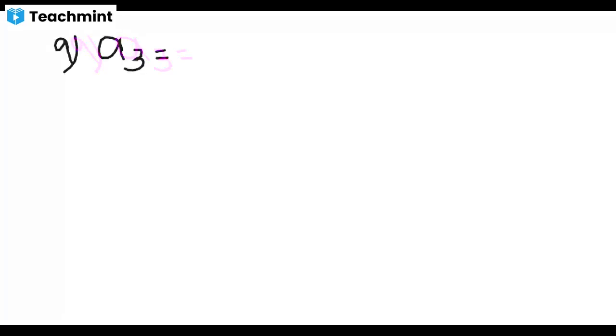So in the ninth question, what is given first, that you should take. A3 is equal to 4. A3, ninth question.